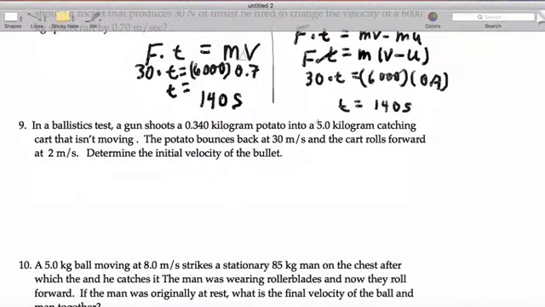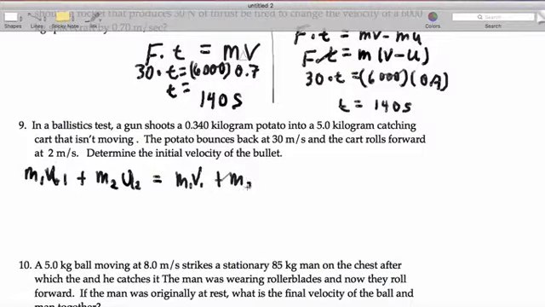We have two masses, so we're going to use conservation of momentum. First, let me just write down m1u1 plus m2u2 equals m1v1 plus m2v2. Working with this idea, 0.340 is our bullet, so we're going to call that m1.